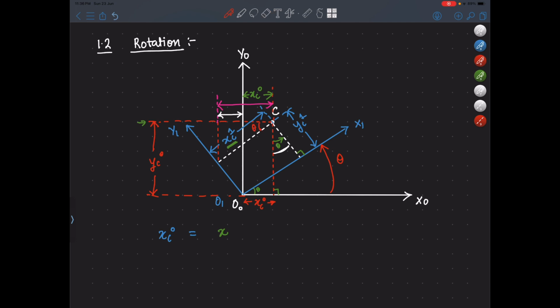Okay, with this geometry, let's write xc1 cos theta, which is this pink line.